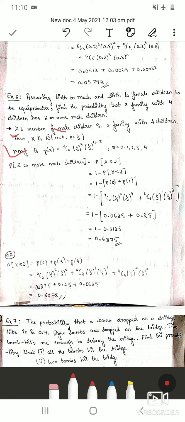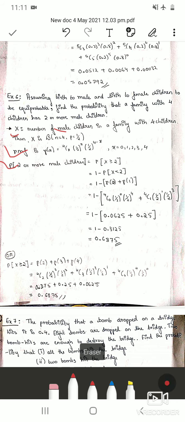Once you know the parameters, we can write the PMF. Here the PMF is 4Cx into 1 by 2 raised to x into 1 by 2 raised to 4 minus x, and x takes the values from 0 to 4. Now we want to find the probability of 2 or more male children, denoted as probability of x greater than or equal to 2.